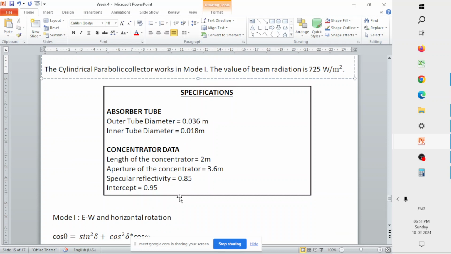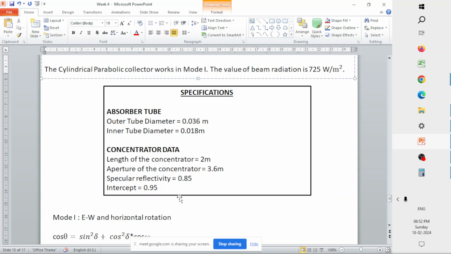And the definition of intercept factor is the ratio of the radiation reflected or refracted from the concentrator to the amount of radiation incident onto the collector. So it is how much of the radiation incident on the parabolic collector is getting reflected.